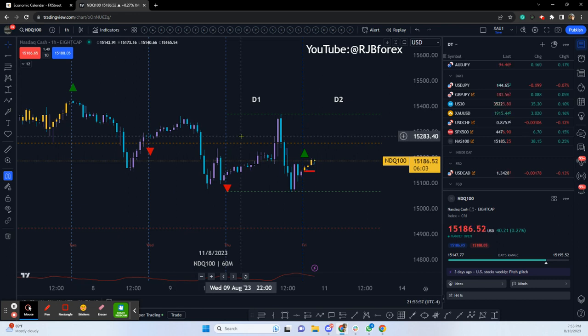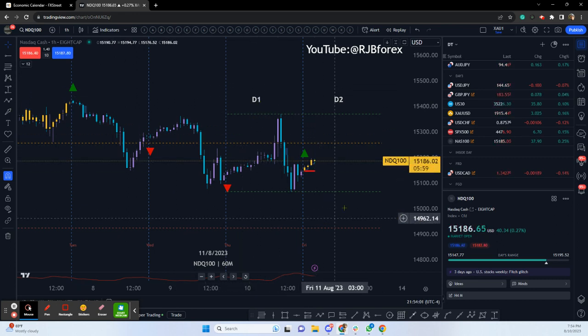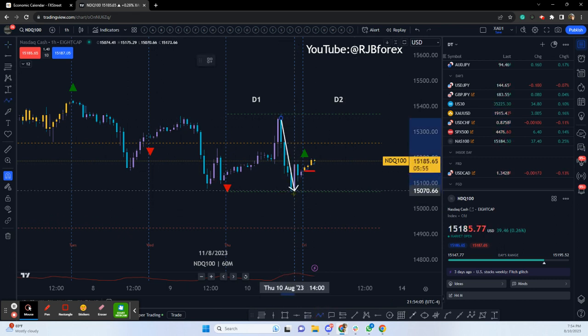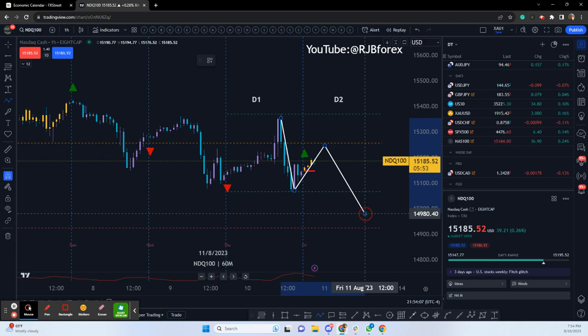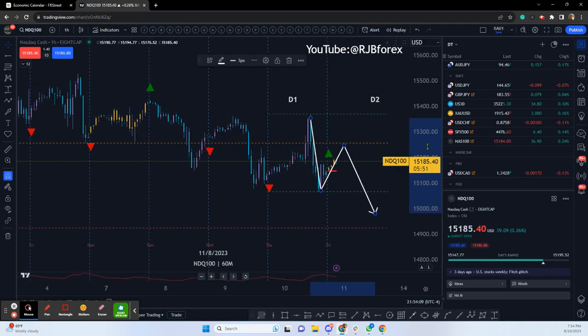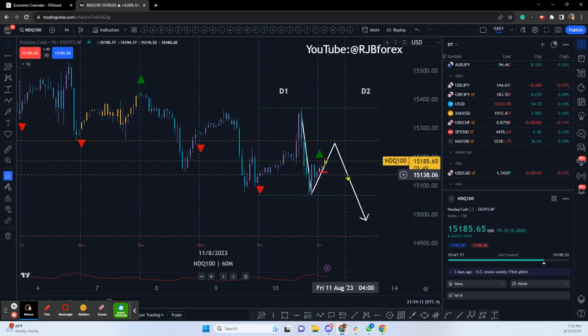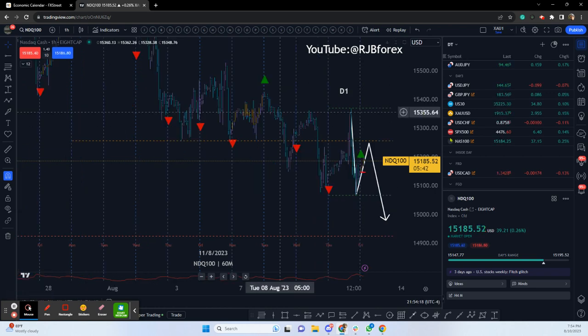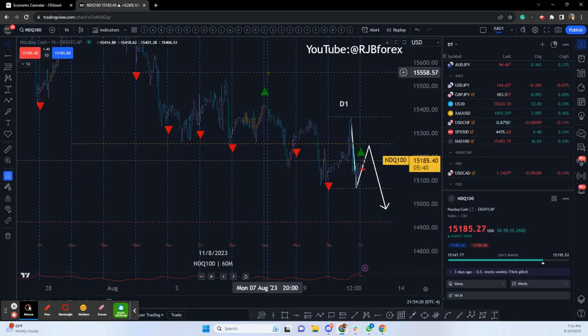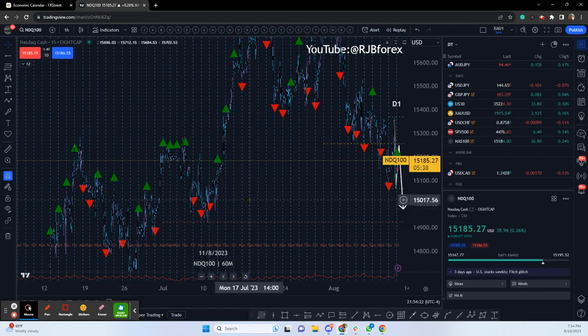With the US indices then, we're on day 2 and we are looking for the continuation, so we're getting the typical textbook pullback before the prospects of a move lower. And we have last month's lows as a target.